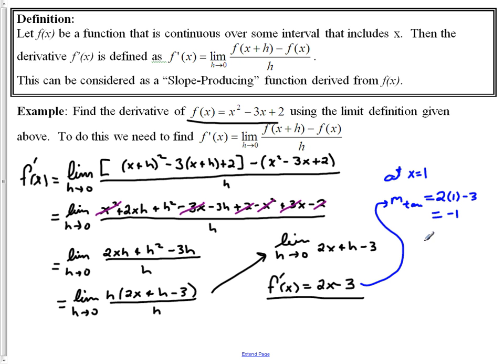If we want to find out what it looks like at x equals 5, the slope of our tangent line there is now just very easily found as 2 times 5 minus 3, which is that we have a slope of 7 at that point. And we could go on, but in any case, this formula now has the ability to produce the slope of the line tangent to a curve at any point x that we want.